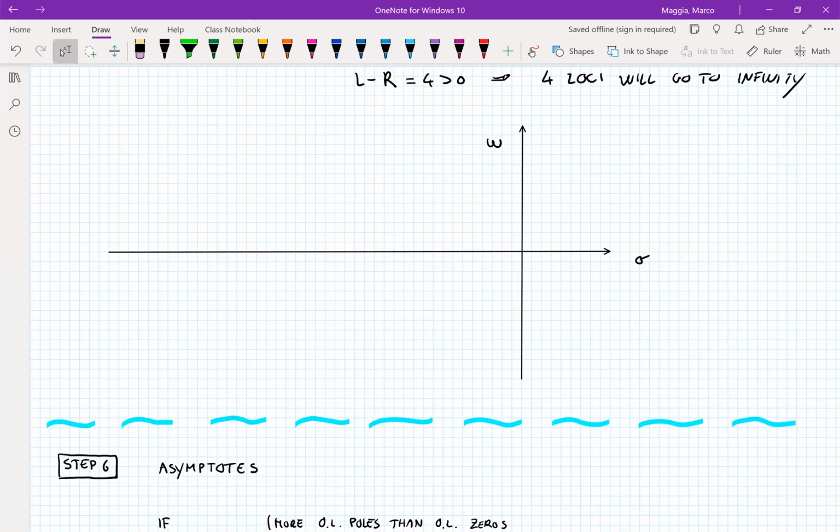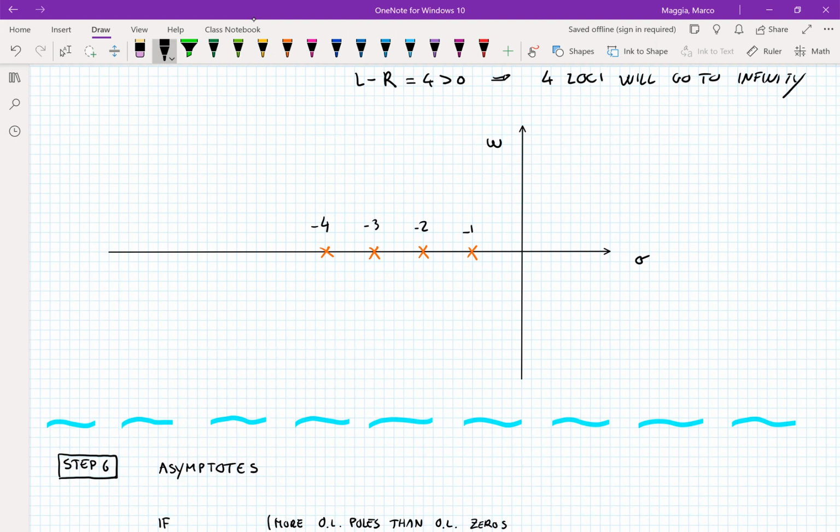Okay, so let's draw what we know. So actually what we know is the location of the open loop poles. One is at -1. Another one is -2, -3, and -4. What else?